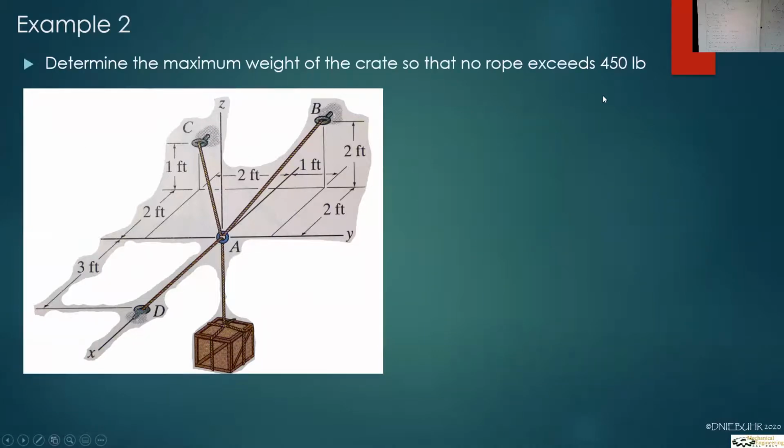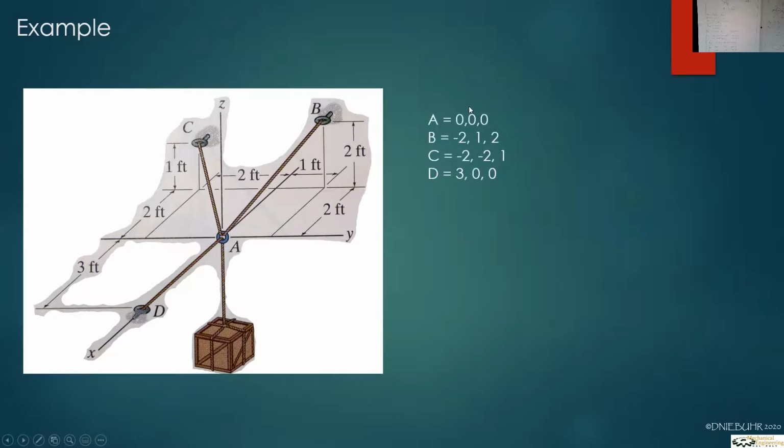Determine the maximum weight of the crate so that no rope exceeds 450 pounds. So you have this rope here from A to C, a rope here from A to B, and the rope here from A to D. It gives you the respective coordinates of C and B. You want to know how big a crate you can lift without exceeding 450 in any rope, because you're going to assume the rope will break and that wouldn't be good.